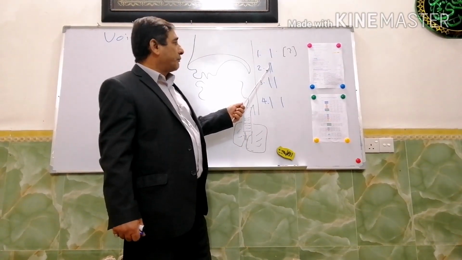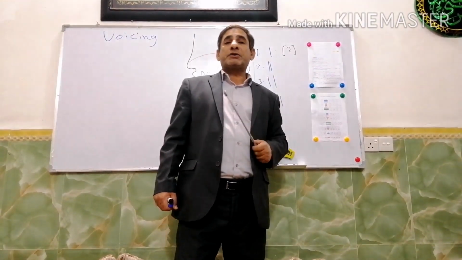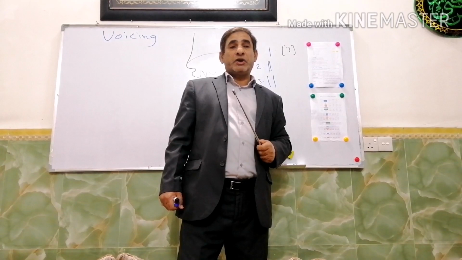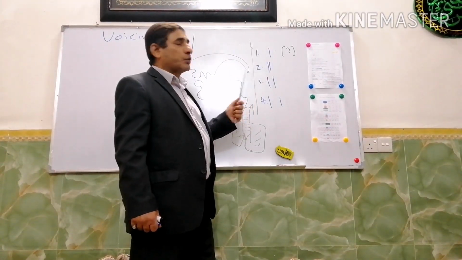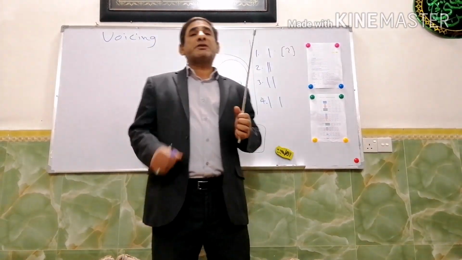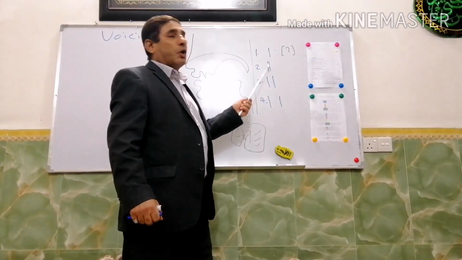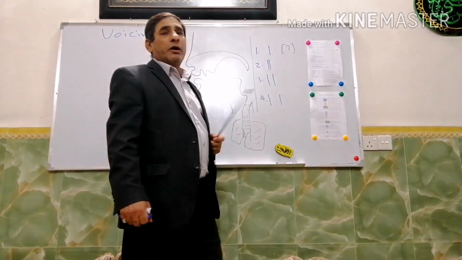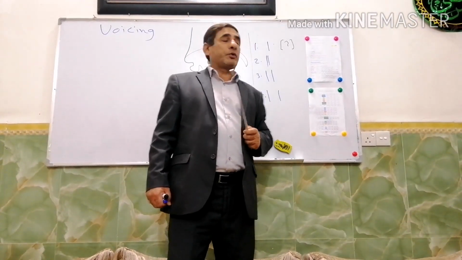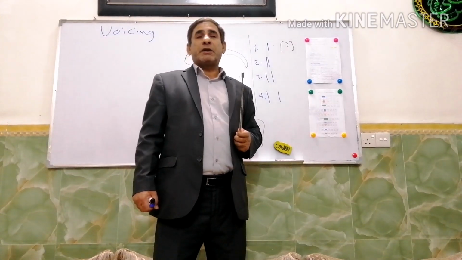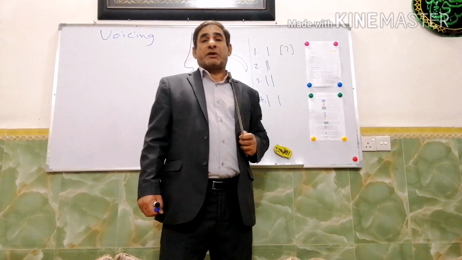Now look at Number 2 here. The vocal folds come close to each other, are near each other. This causes them to vibrate. When the breath passes through them, it passes causing a vibration, and this is the case where we produce voiced consonants or voiced sounds, because we have vowels and consonants here.